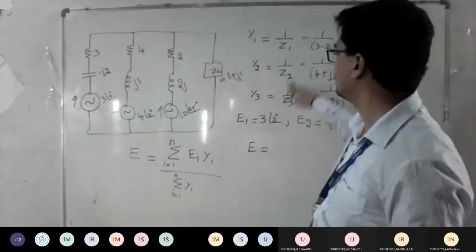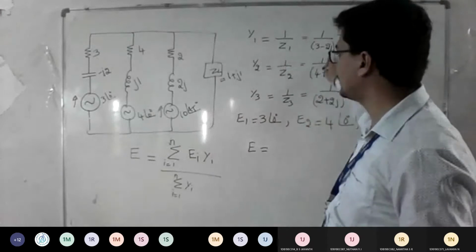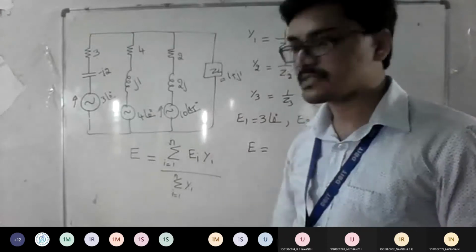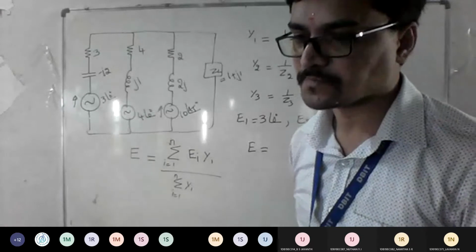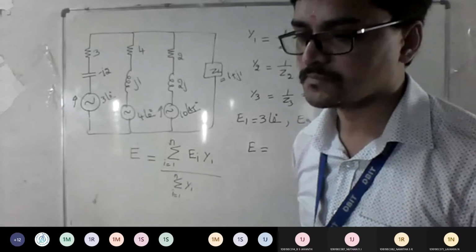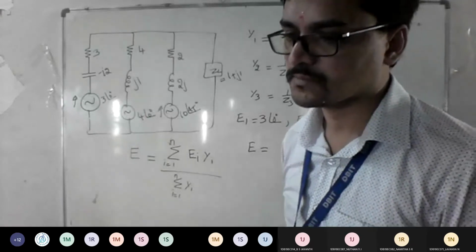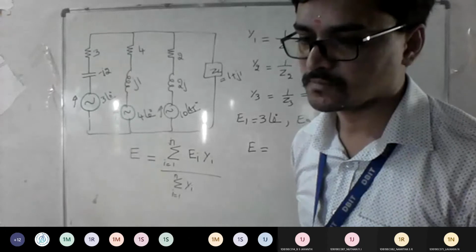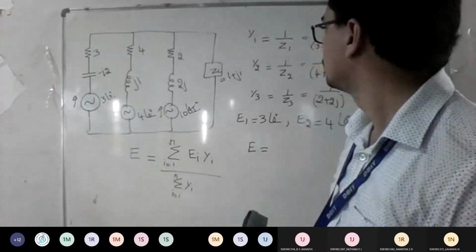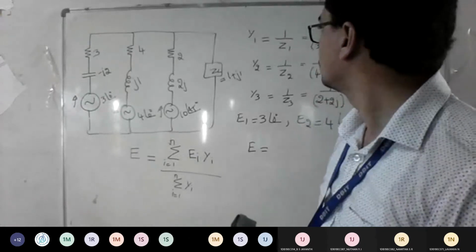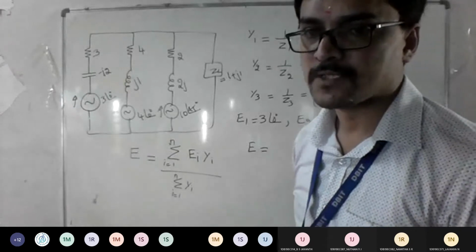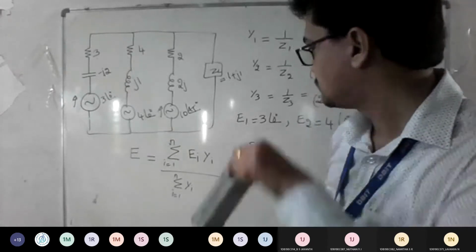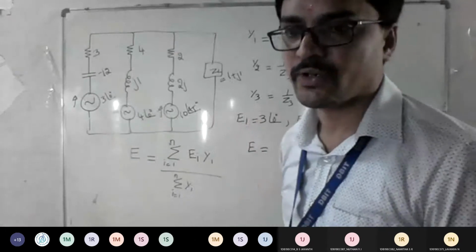Expand the formula: E1 Y1, E2 Y2, E3 Y3 divided by this. Check out what the voltage is. If you get the answer, let me know what E, the voltage, you are going to get.